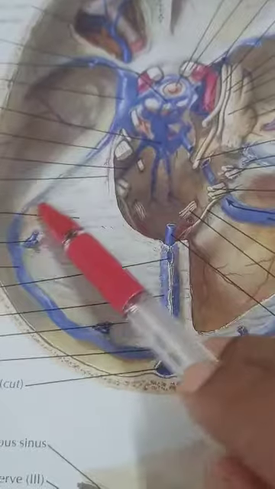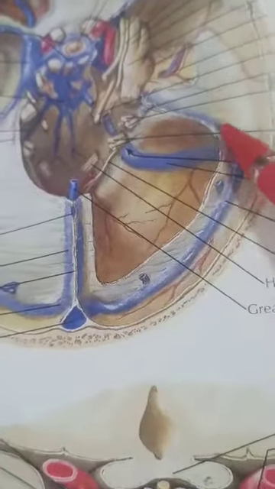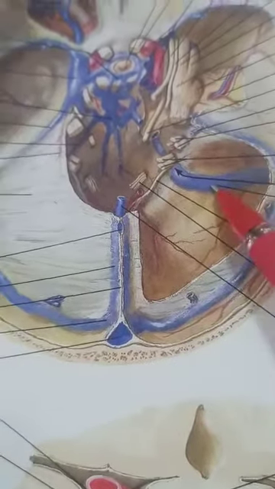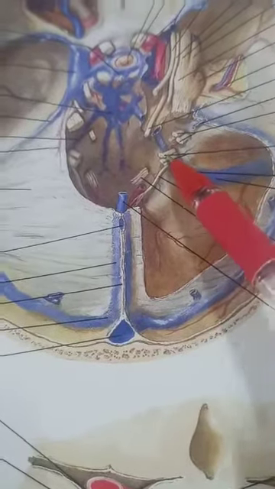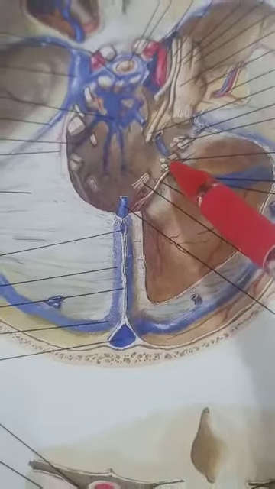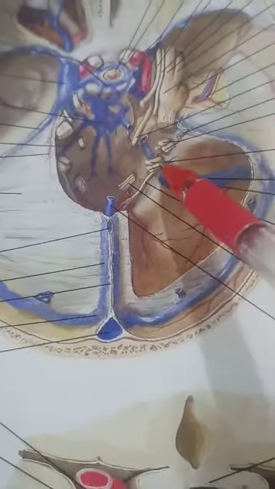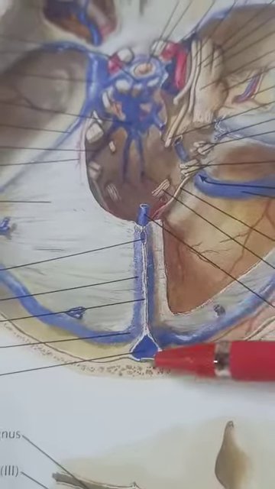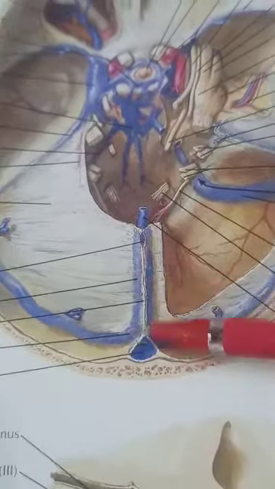Here we can see the superior petrosal sinus, and below, it is continuous downwards as the sigmoid sinus. This is the sigmoid sinus. Then the sigmoid sinus continues as the internal jugular vein. And at the central part we can see there is a straight sinus also. Straight sinus.